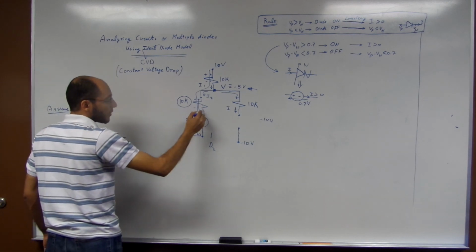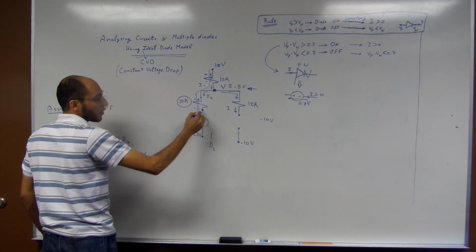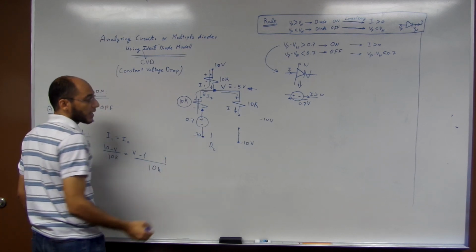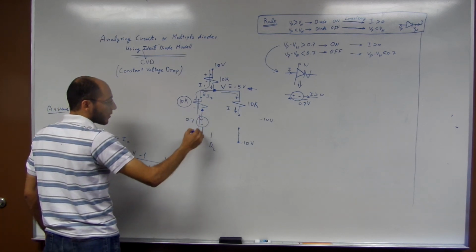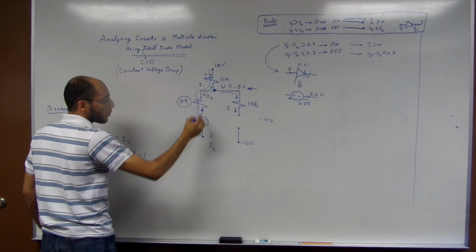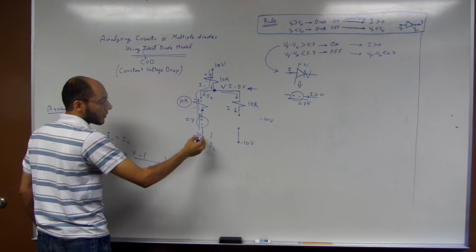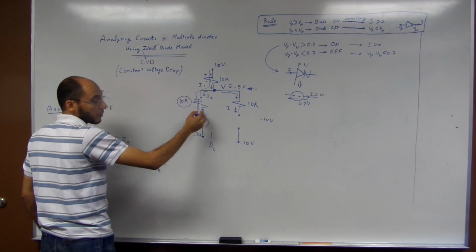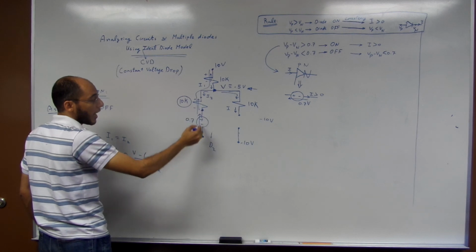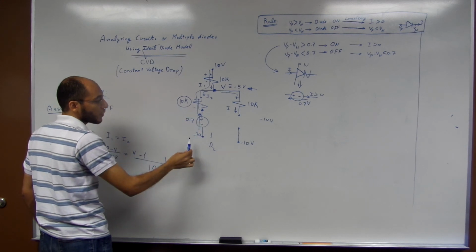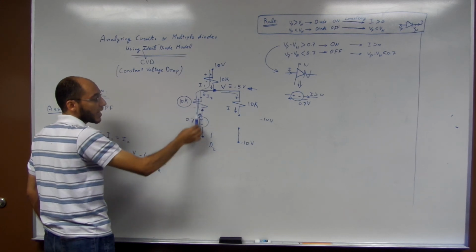We do not really know the value of this voltage, but I know that this value is negative 20. If I want to know the value of this node relative to that point, so this is negative 20, I pass by a component, and this component has a voltage drop equal to 0.7, and the direction of the voltage drop is the same as the direction of the motion.